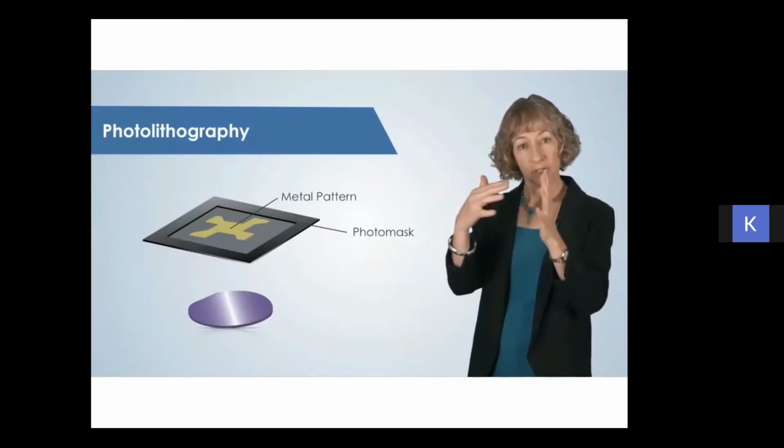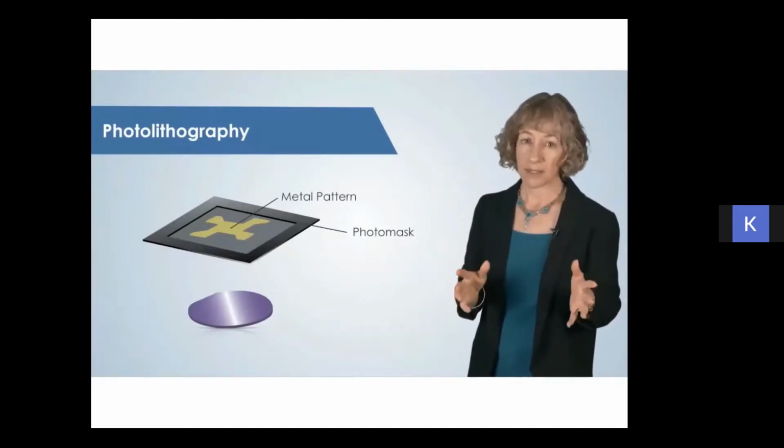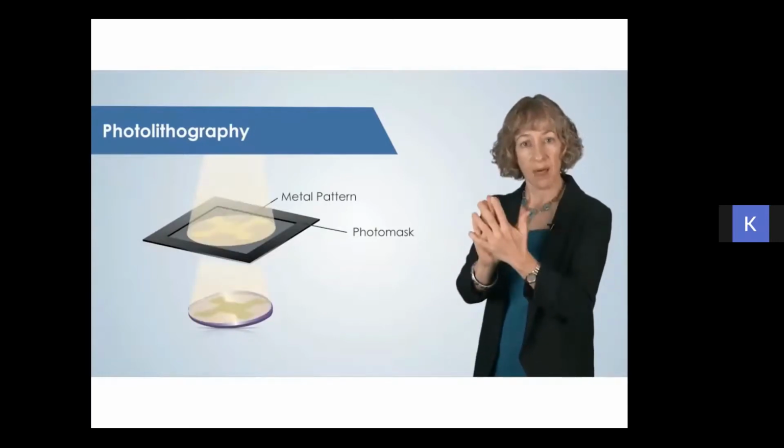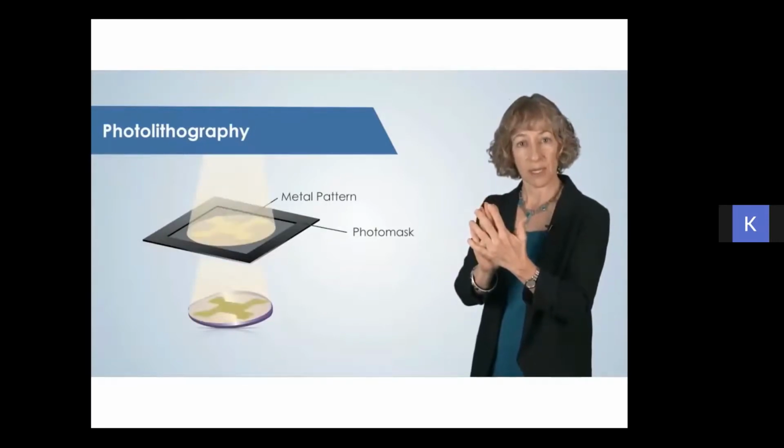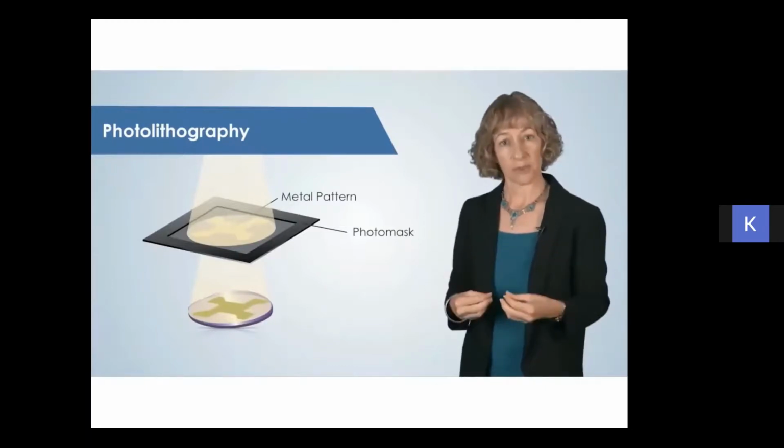Normally this metal pattern on the photo mask is chrome or chrome gold. So you have a shadow on your wafer which has the photoresist coating.